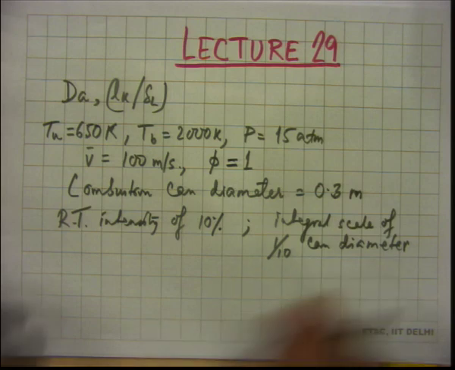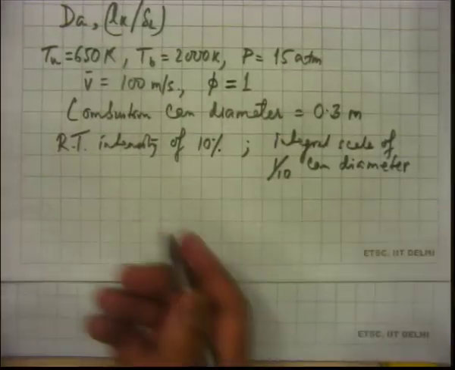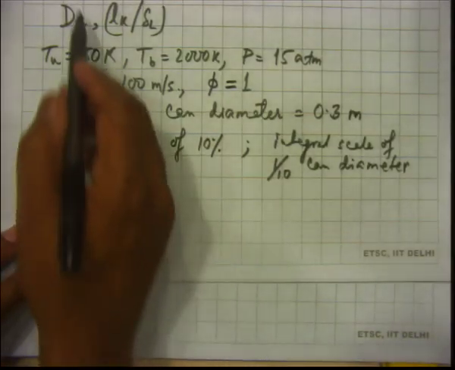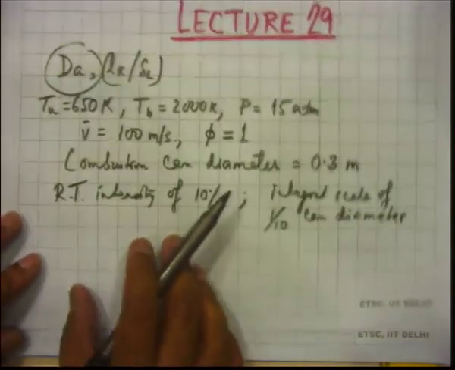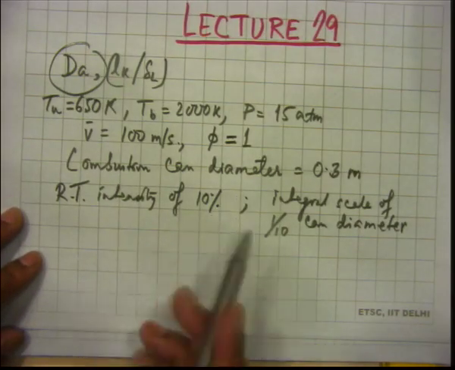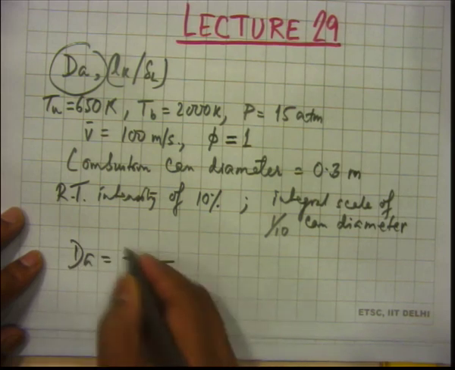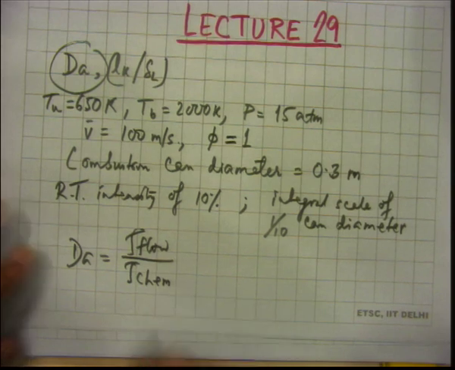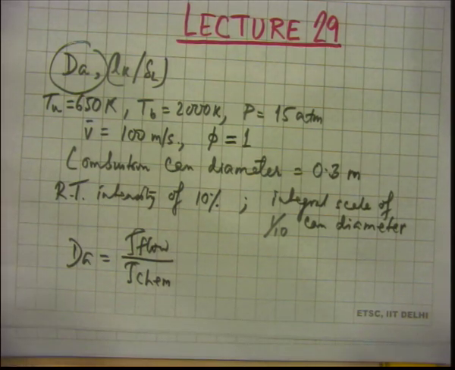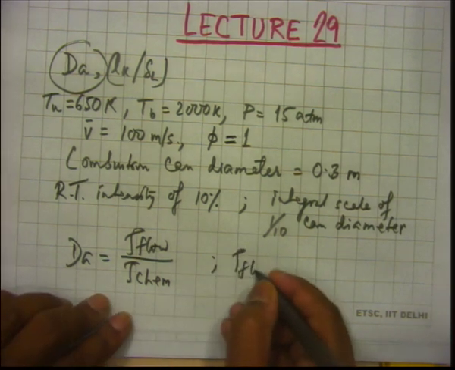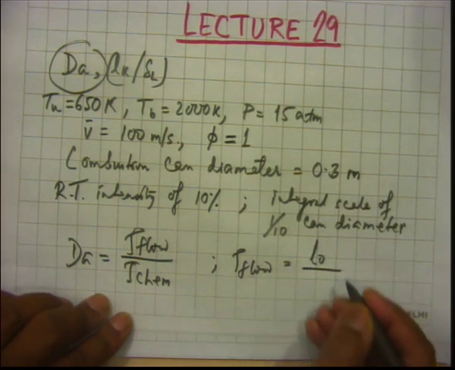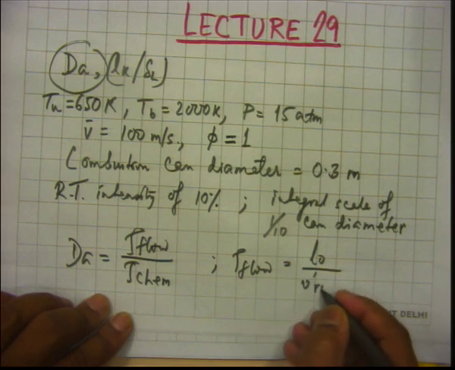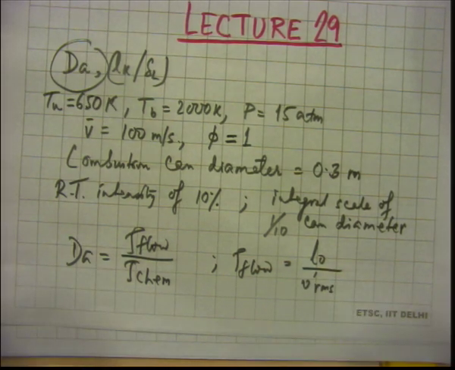Again, as I said, we will not do the whole example, but just to get an idea, we need the Damkohler number. So, to get this Damkohler number, what do we need? We need a tau flow and a tau chemical. We discussed that yesterday. And tau flow is LO divided by V prime RMS. So, can tau flow be calculated?